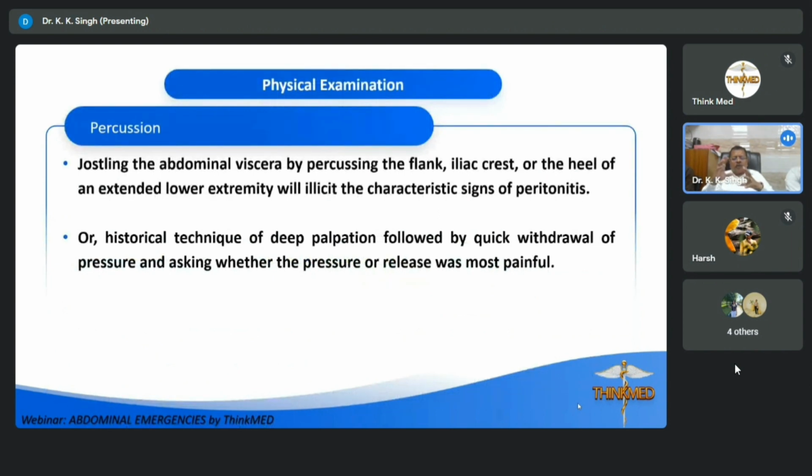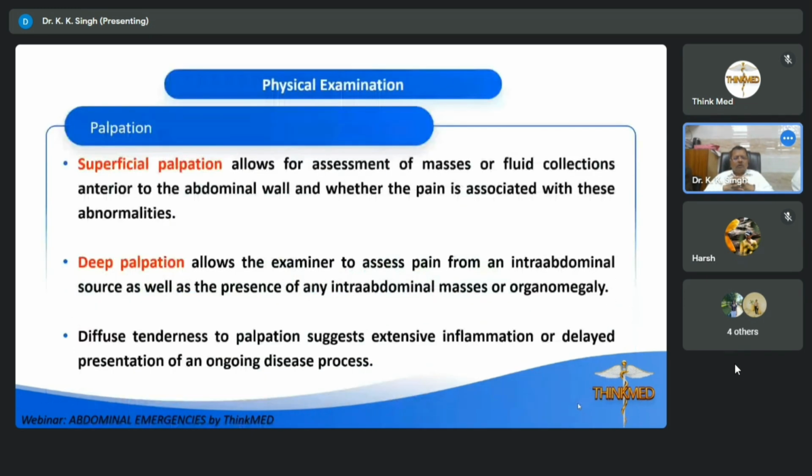With percussion, you can also come to know whether the distension is gaseous or not. This I have told you: superficial palpation and deep palpation.